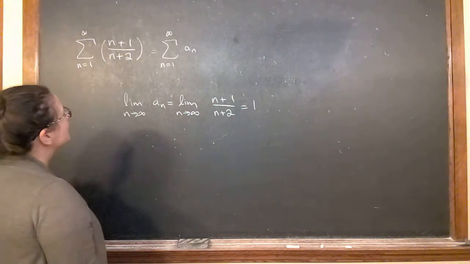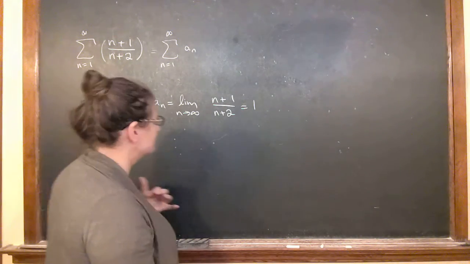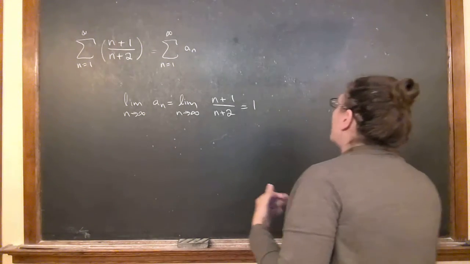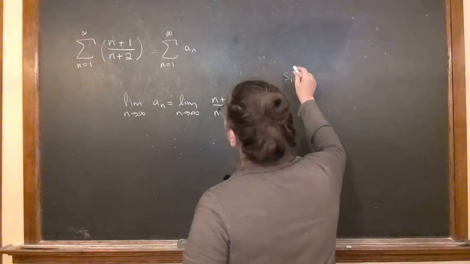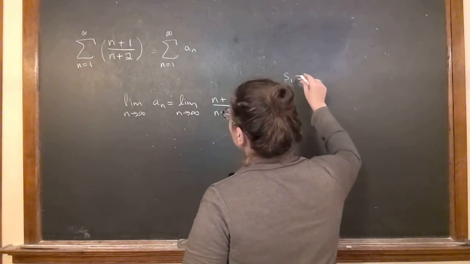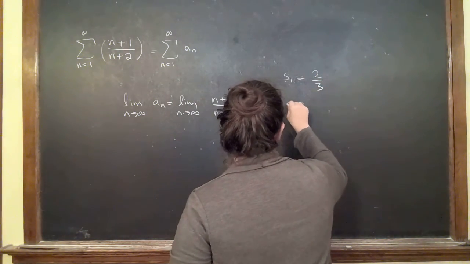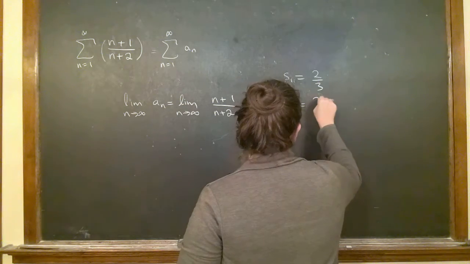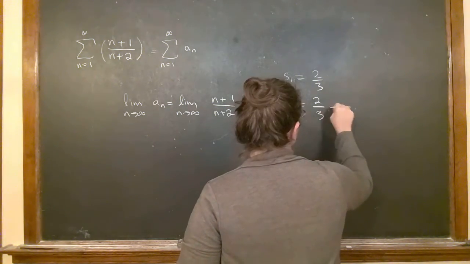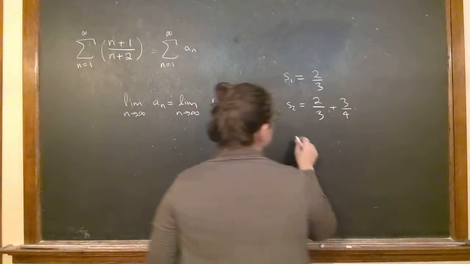Okay? So if I look at the partial sums, and I don't really want to write out too many of them, the first one would be 2/3, and then the second one would be 2/3 plus 3/4.